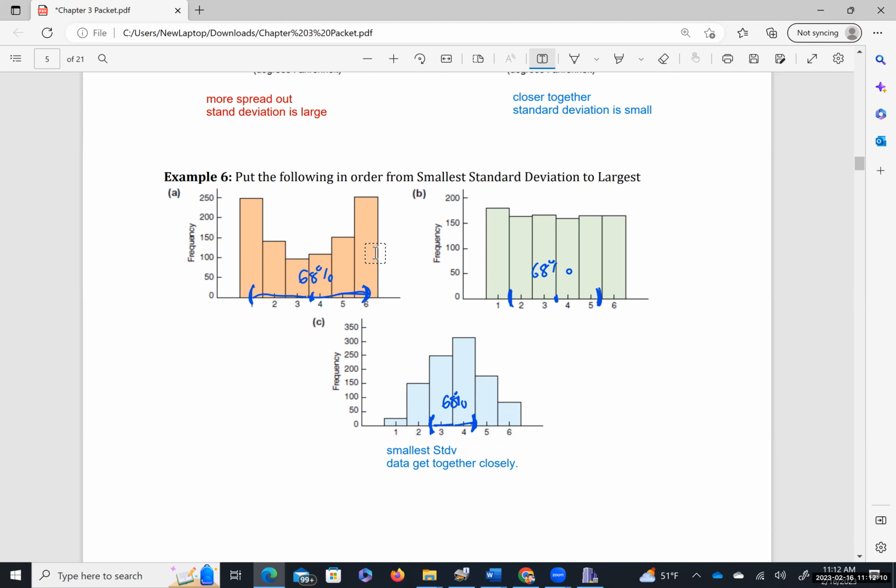For the highest standard deviation, or the largest one, I would say A here, because, as you see, it is spread from the first bar to the last bar, right? It's spread out. So I'm gonna say the largest standard deviation.